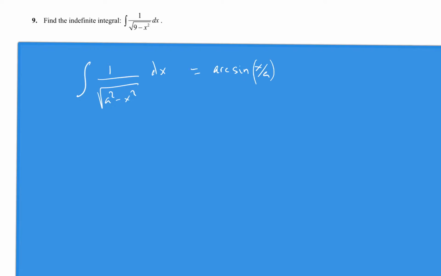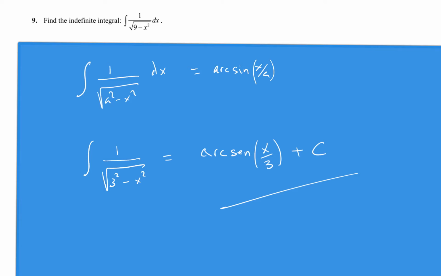So in this case, the integral is 1 divided by the square root of 3 squared minus x squared. So the indefinite integral will be arcsine of x divided by 3 plus c. And the problem is solved.